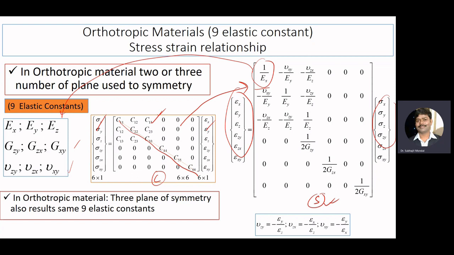Here you just observe that for an orthotropic material, we have 9 elastic components, and these can be calculated from our 9 engineering constants.